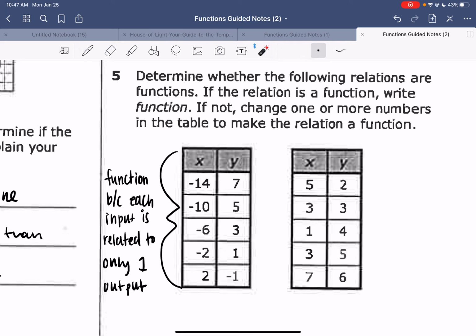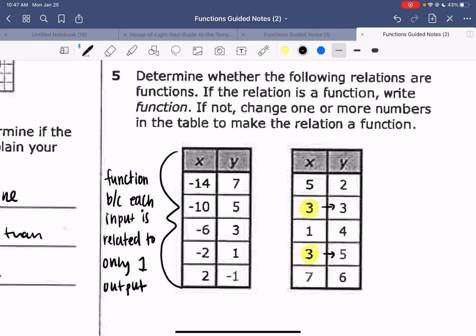We have here a 5 to a 2, a 3 to a 3, a 1 to a 4, and we have another 3 here. So let's go ahead and highlight that. So this one's going to a 3, but this one here is going to a 5. So that looks like a problem. Let's check the last one, a 7 to a 6. So our 3 is our problem here.